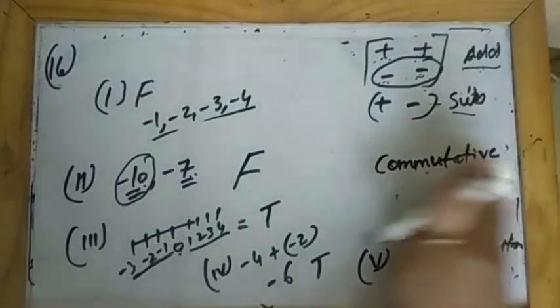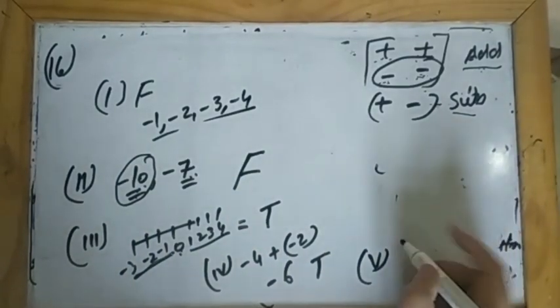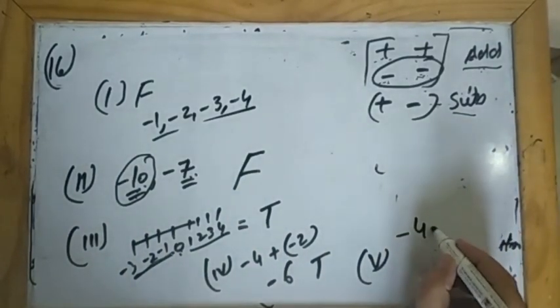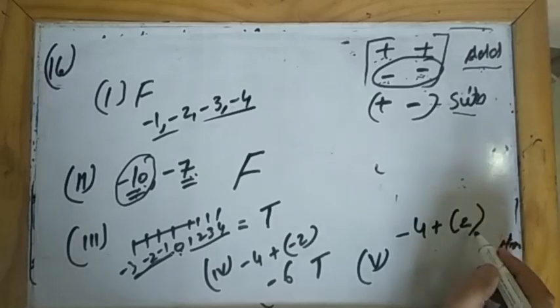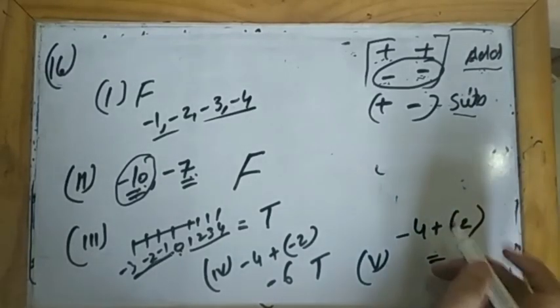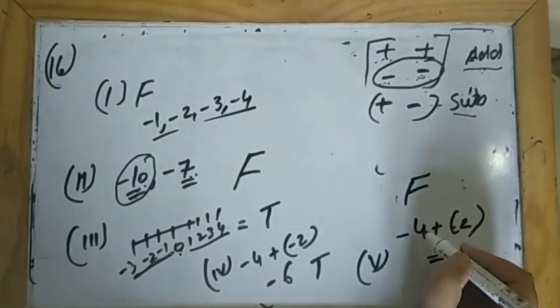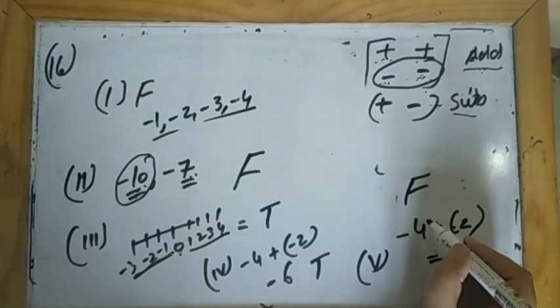Now come to the fifth part. They are saying the sum of a negative integer and a positive integer is always a positive integer. So it cannot be always a positive integer. So this is false. It depends upon the sign of the larger number.